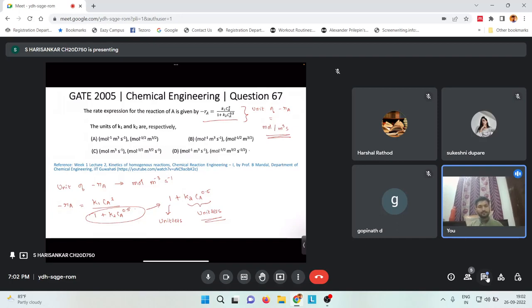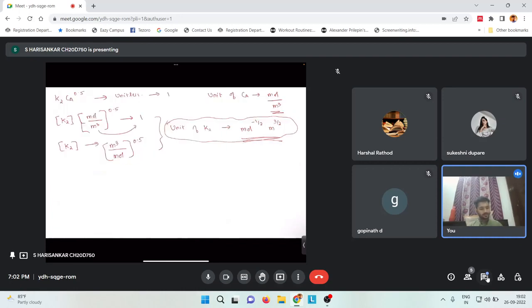So as I said, this whole unit is the reaction rate unit. Unit of minus Ra is equal to K1 Ca square by 1 plus K2 Ca raised to 0.5. This whole unit has to be mole per meter cube second inverse. Okay, we just said that this denominator is unitless. So that means this numerator should also have this unit.